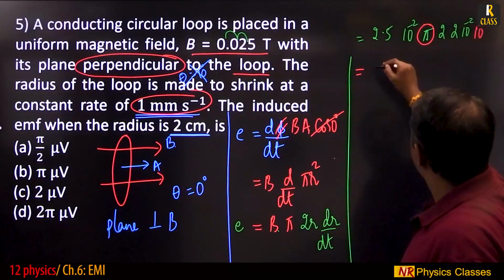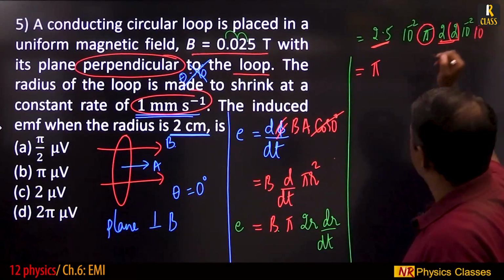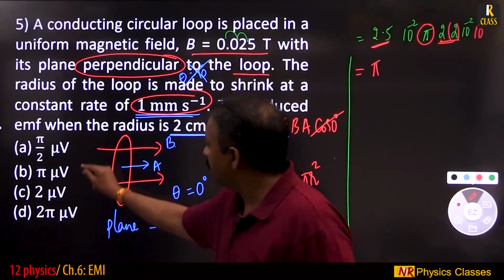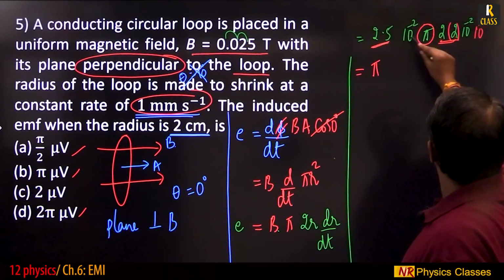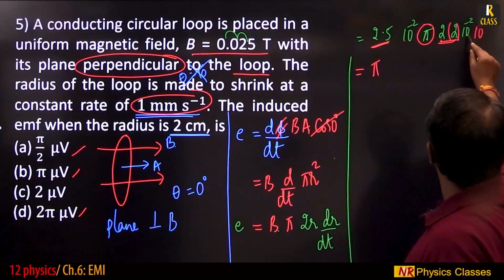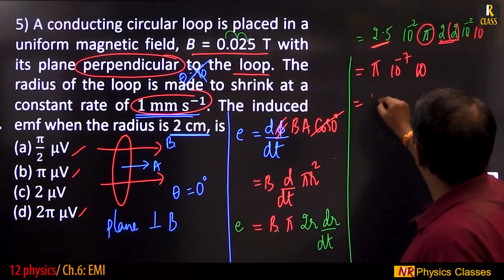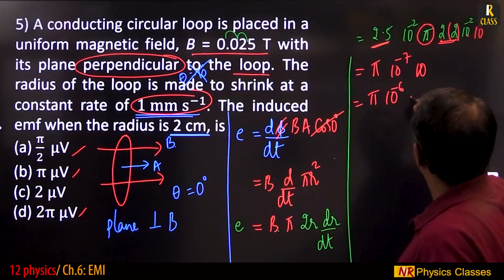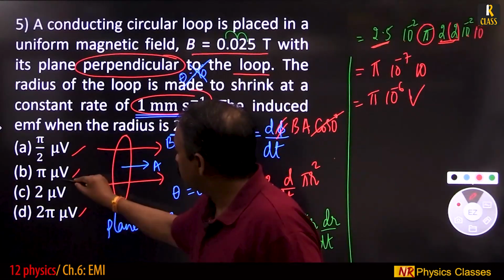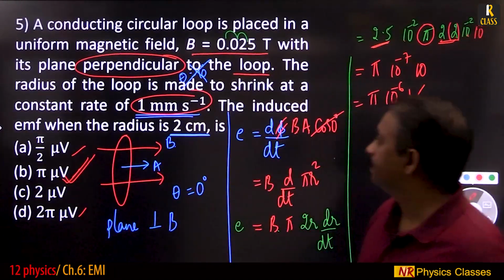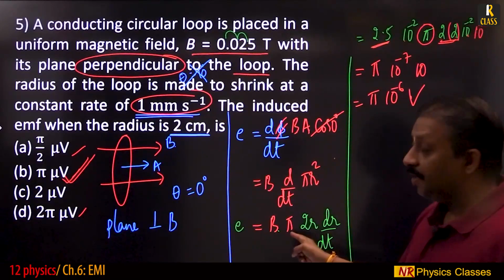So pi, 2.5 into 4 is 10. The powers of ten: minus 1, minus 2, minus 3 give minus 6. So pi times 10 to the power of minus 6. EMF is pi microvolt. Give attention to this equation.